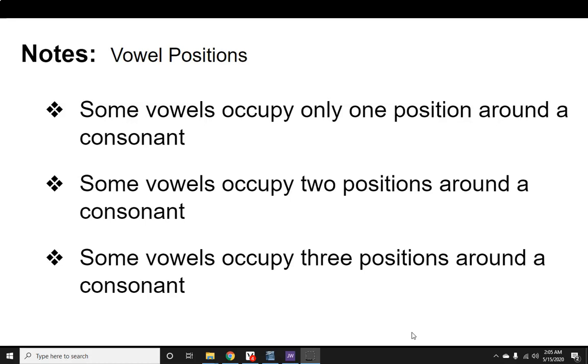So you might have something to the left and above, or to the left and to the right of a consonant. Some vowels occupy 3 positions around a consonant. So that vowel may have something to the left, something above, and something to the right of the consonant.